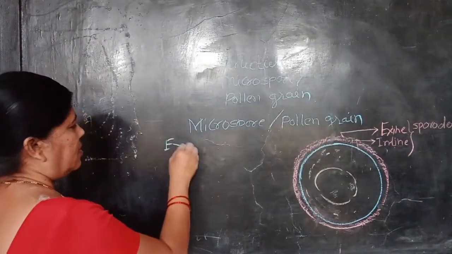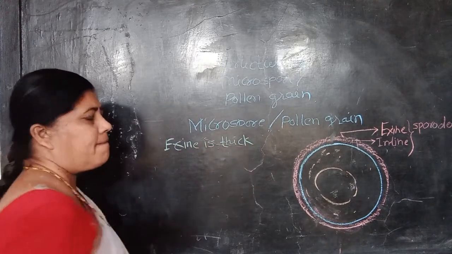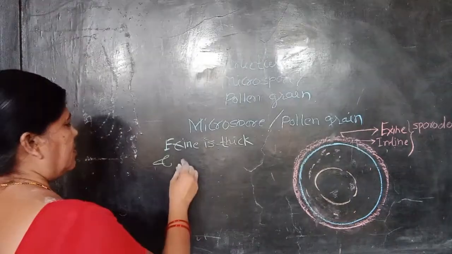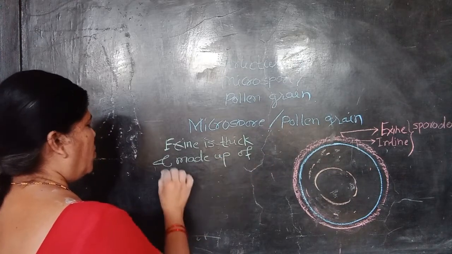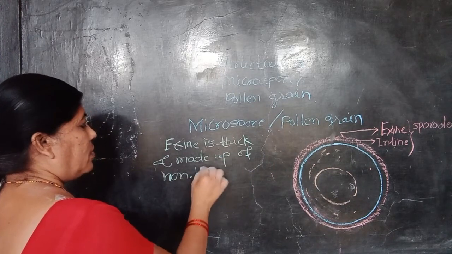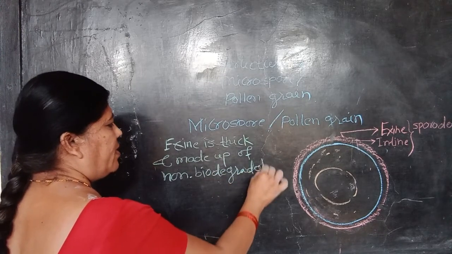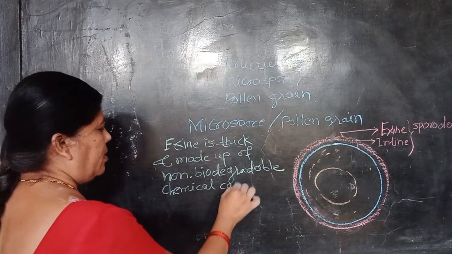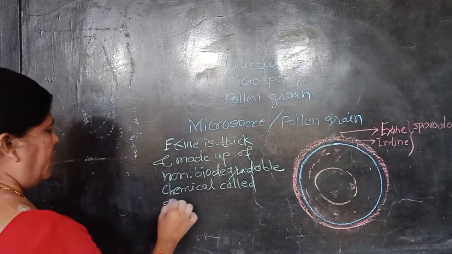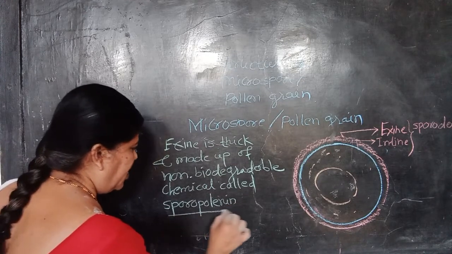Exine is always thick, and it is made up of non-biodegradable chemical called sporopollenin. This point is very important.